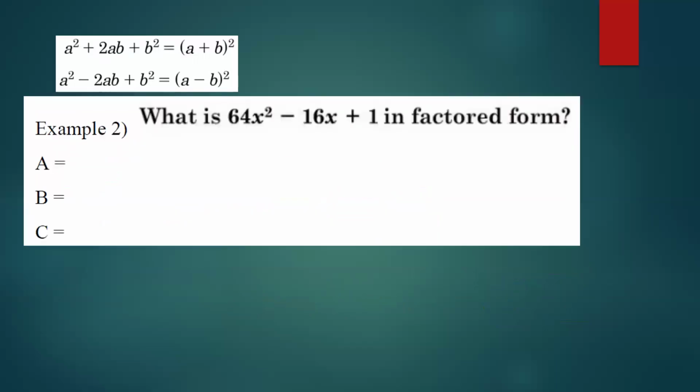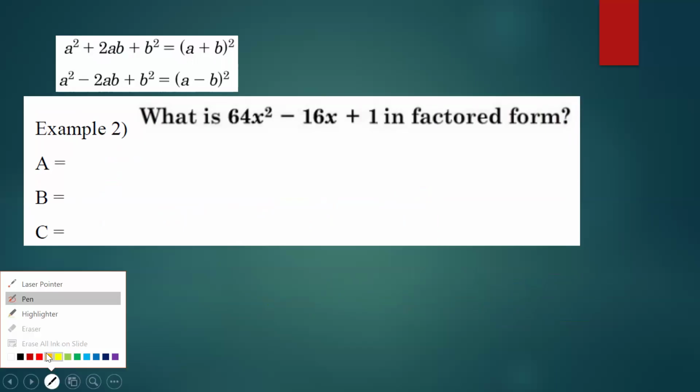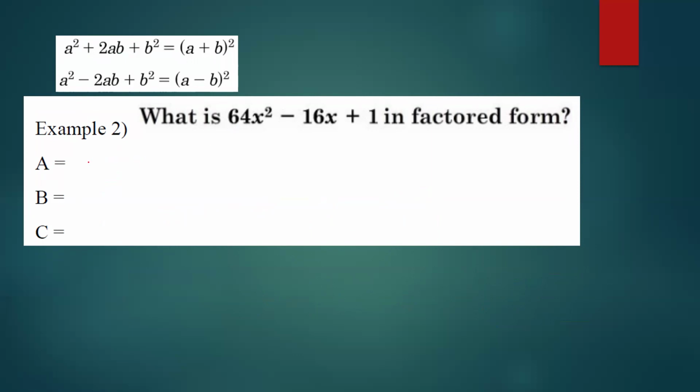All right. Let's try it again. So on this one, our A term is 64x squared. Our B term is negative 16x. And our C term is 1. Just to emphasize, A is a perfect square and C is a perfect square.